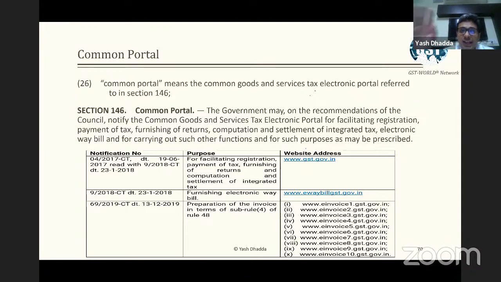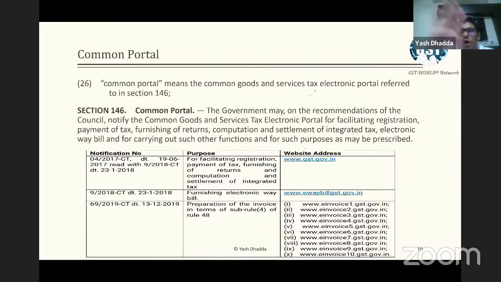Now interestingly, for service of notices for the purpose of assessment, adjudication, appeal, no notification till date has been issued by the government or by board or anybody of that sort to say कि common portal is also notified for the purpose of serving of notices or filing of appeal and all those things.